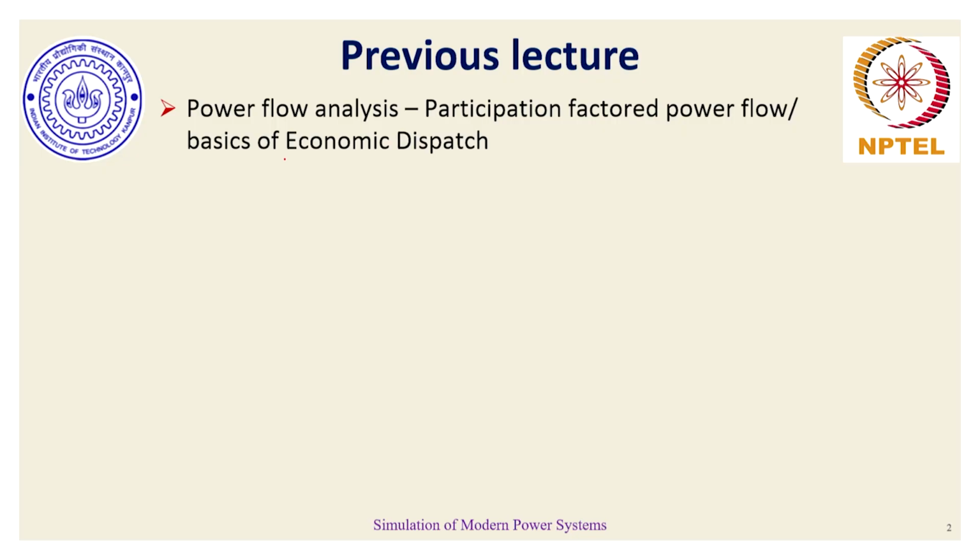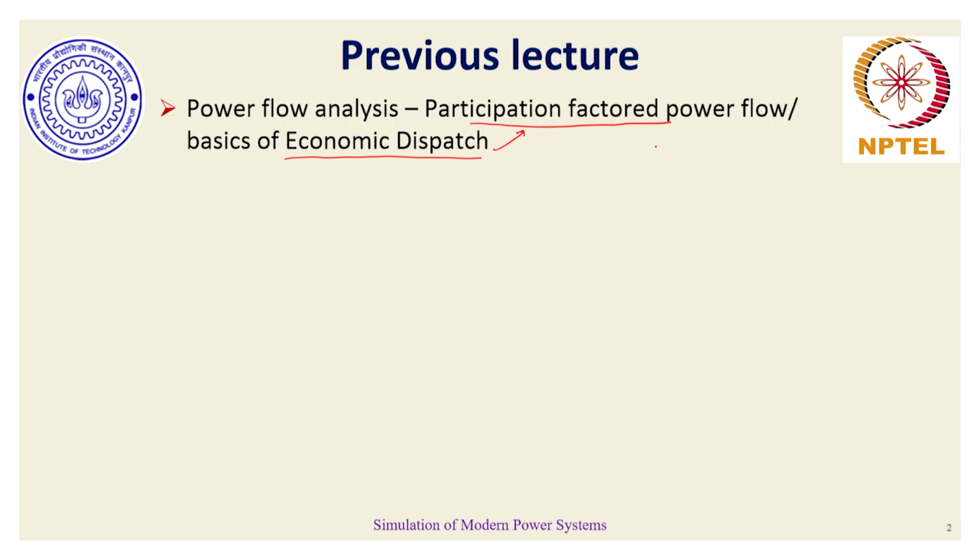That is where the basics of economic dispatch were discussed a bit in the beginning of the last discussion, and it ended with the application of economics to power flow, which we call participation factored power flow.